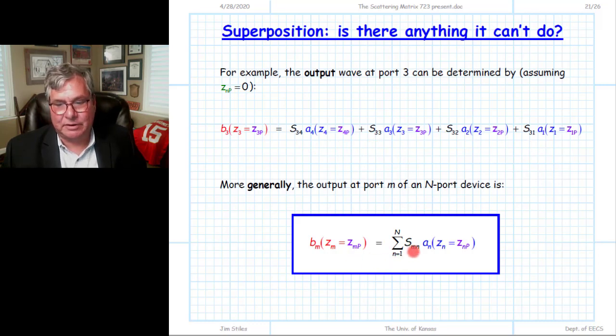Here we have M1, M2, M3, M4, all the way up to N here. So we look at this, and this sort of has echoes of linear algebra. This is the kind of thing we would see when we were doing linear algebra. Let's see if there's an application of linear algebra for these scattering parameters.